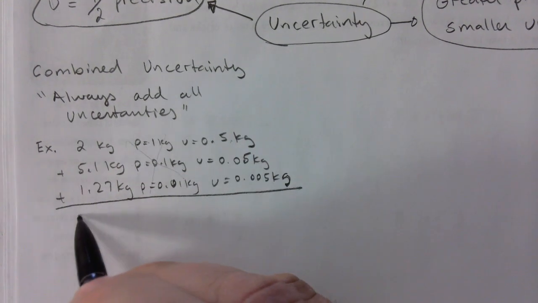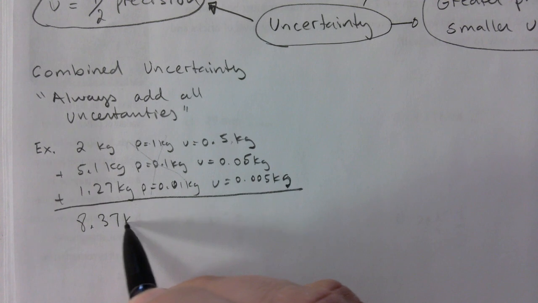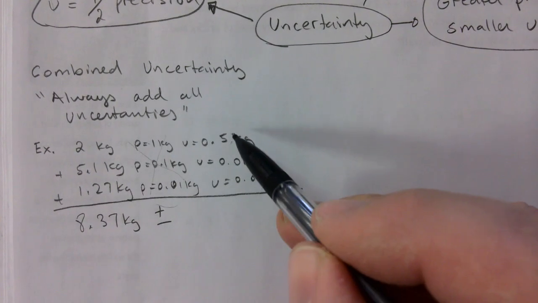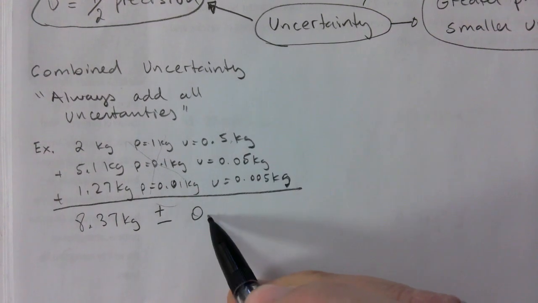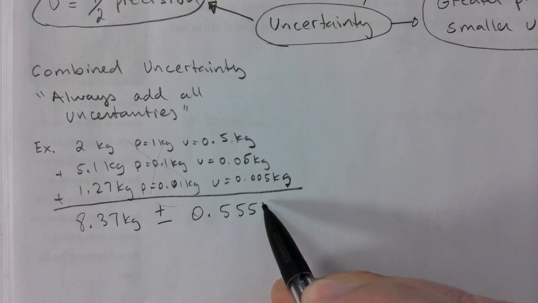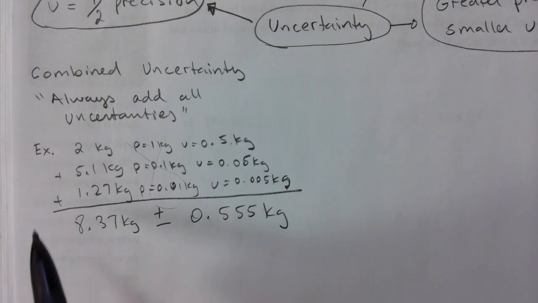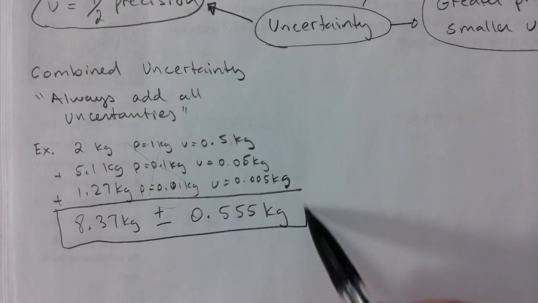So if you add all of this up, you get 8.37 kilograms, plus or minus, I'm ignoring the precision, I just add all of this up, 0.555. It's not always going to be this number. I know we just had it in our AC, right?